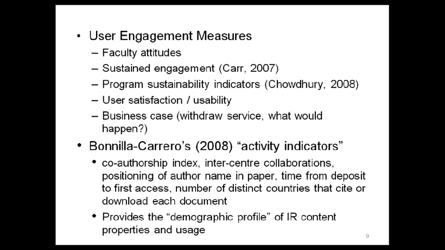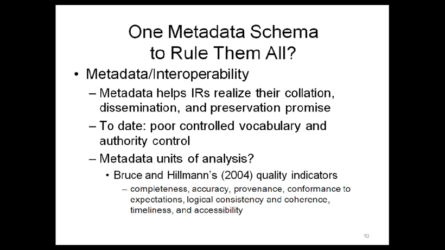Now, I'm just going to focus on one particular area of measurement, which is metadata. And if we were going to focus on a unit of analysis that we think has a huge impact for IRs across platforms, that would be metadata, which allows for interoperability. So, of course, it helps us maybe think more towards meeting those visionary goals at the very beginning about the revolution and the disaggregation of scholarly publishing.